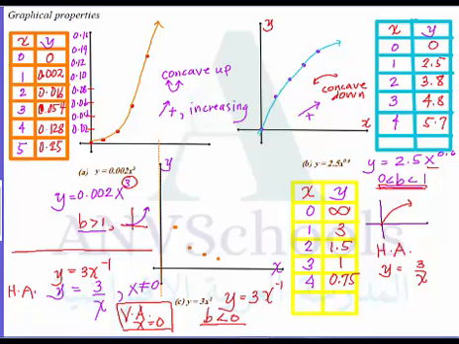Your denominator has an exponent of 1, while your numerator has an exponent of 0, because this is actually equal to 3x raised to 0. So therefore you have a horizontal asymptote at y is equal to 0. So you cannot touch your y.